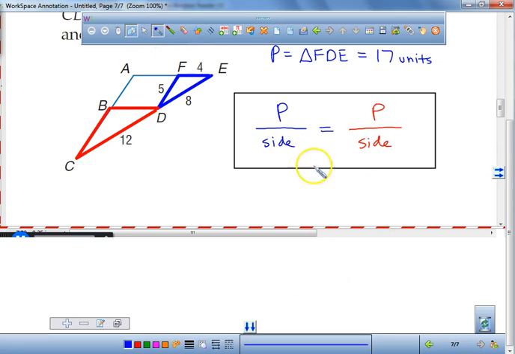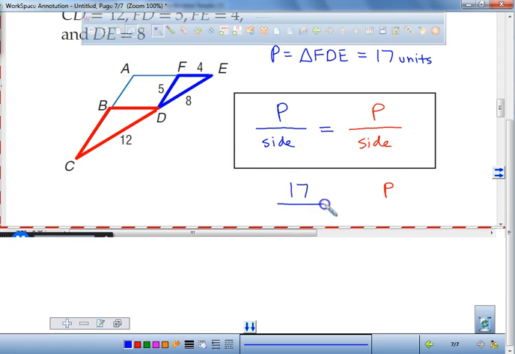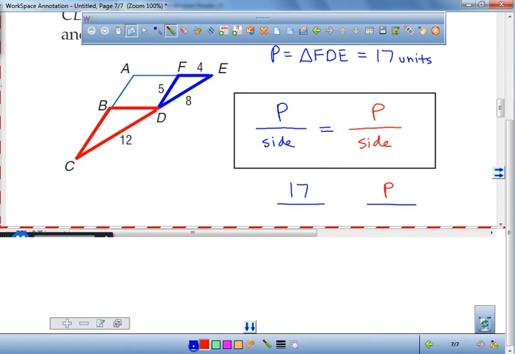Okay? What was the perimeter of the blue triangle? 17. What's the perimeter of the red triangle that we're trying to find? We don't know, so let's put P. Now, which sides do you think we're going to compare? We're going to compare this side right here, which is what? 8.